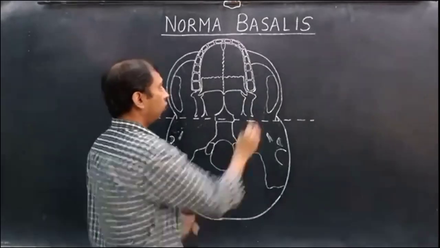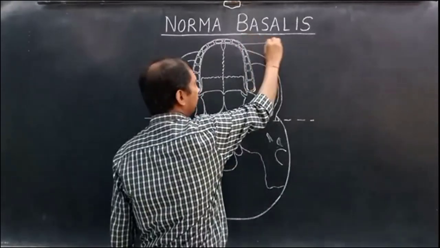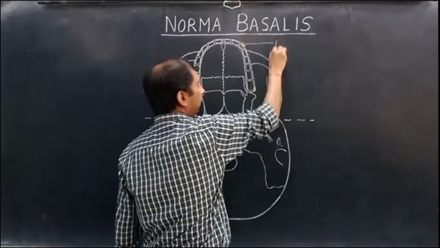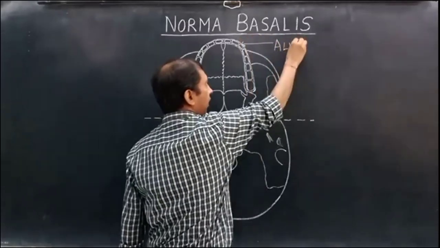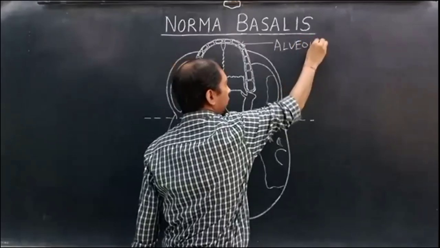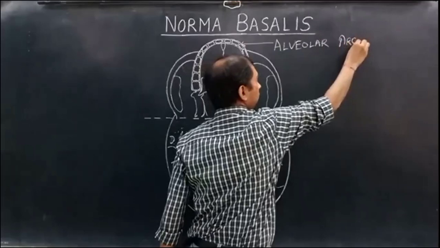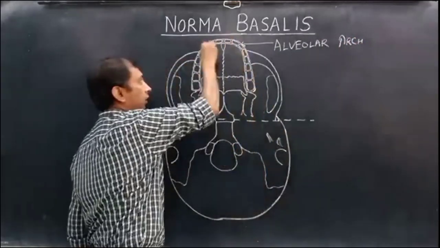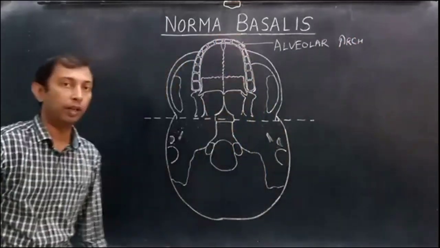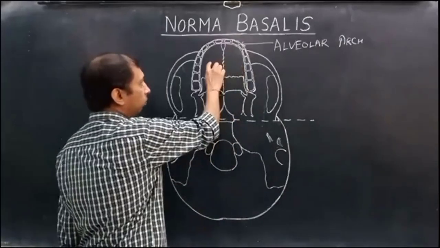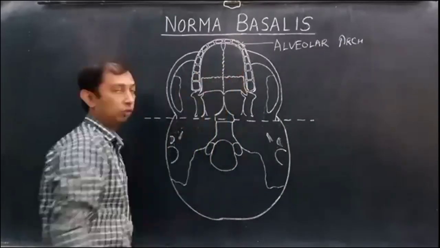So first of all, let us label this structure here. This is the alveolar arch, called an arch because it is somewhat rounded. Now these are pairs of bones.